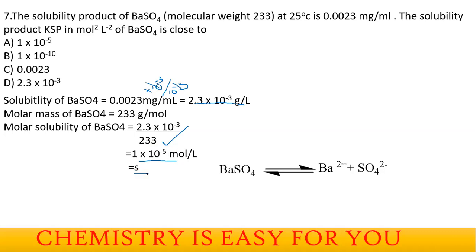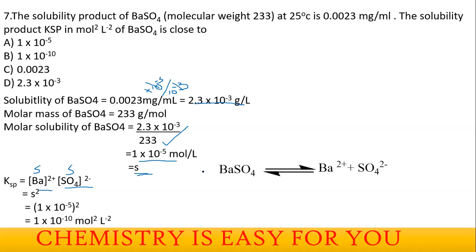That can be written as S. Now, Ksp can be written as the product of concentration of Ba2+ and concentration of SO4 2-. Since molar solubility is the same, both concentrations will be S each. So we can also write Ksp as S square, or 1 into 10 raised to minus 5 whole square, that is equal to 1 into 10 raised to minus 10 mol square liter raised to minus 2.